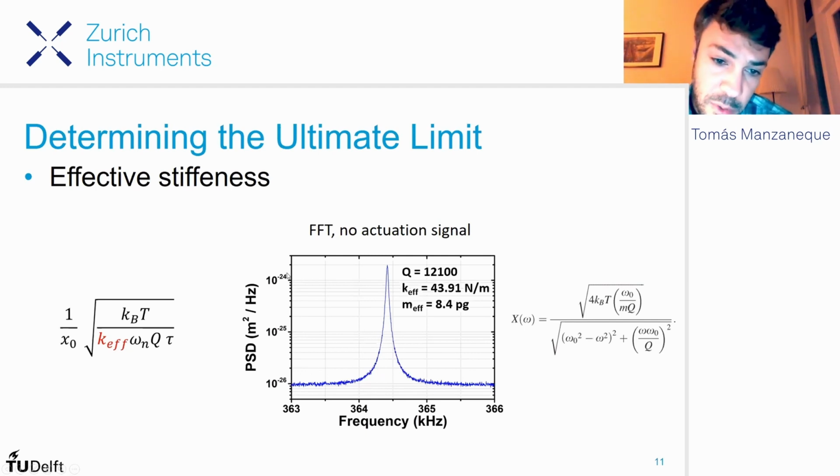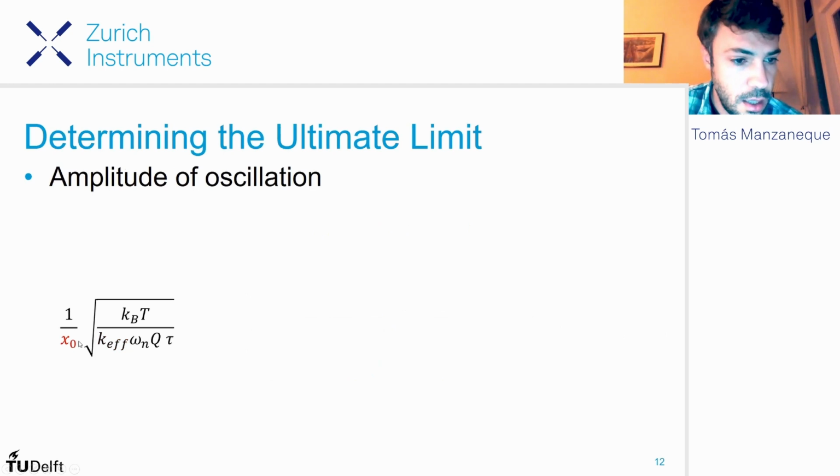We will see that the power spectral density of that displacement is concentrated around the resonance, and we can fit this power spectral density to a Lorentzian function also, and this will give us the effective stiffness and effective mass of the resonator.